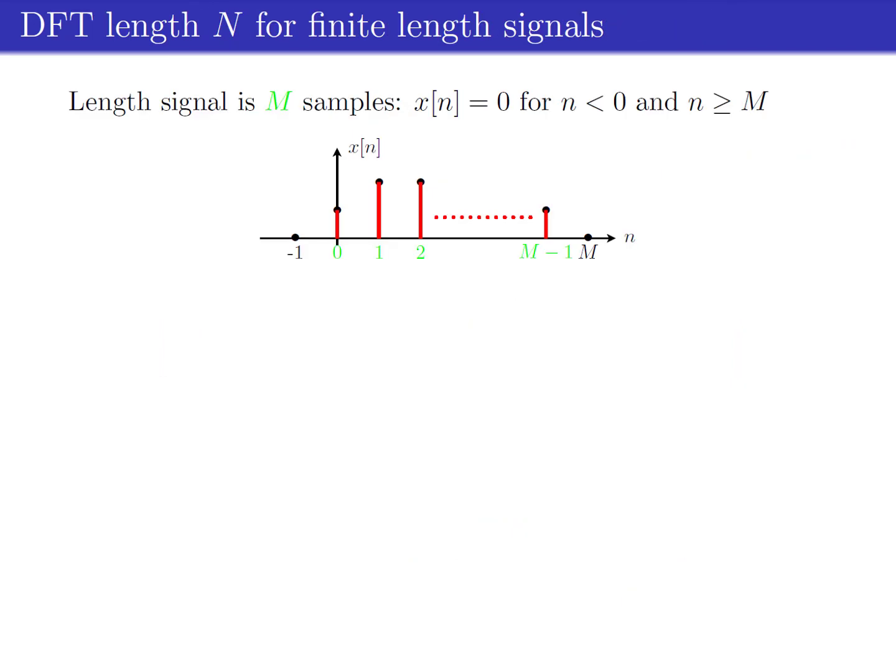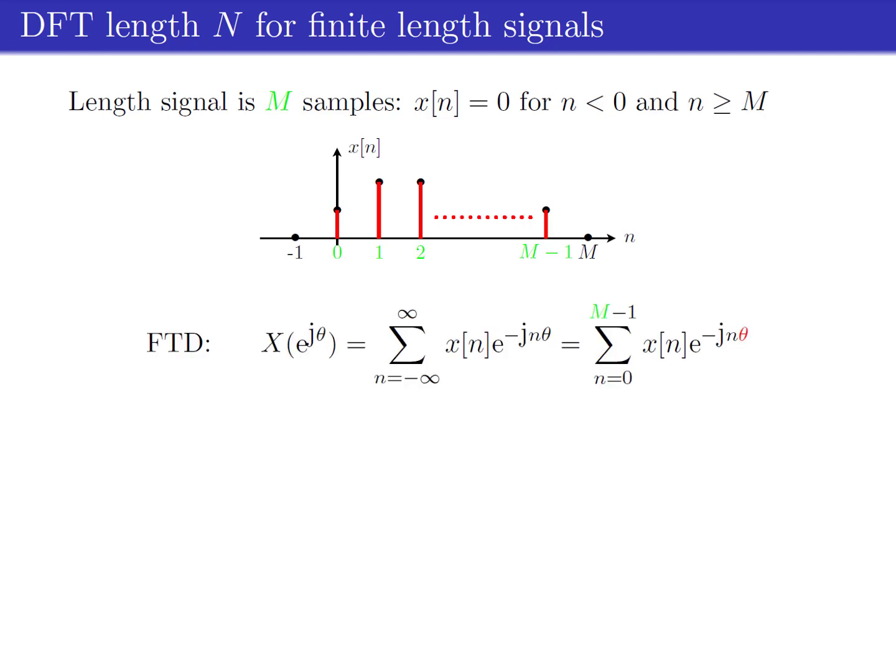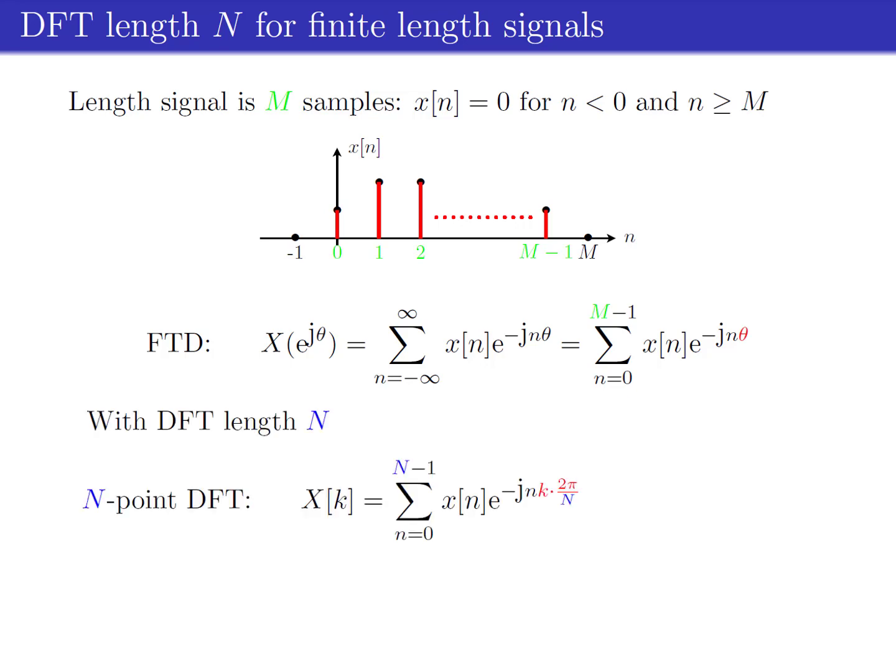In case the number of samples of signal x[n] is limited to M samples, the infinite summation of the DTFT equation reduces to the given finite summation, in which the relative frequency is represented by the continuous variable theta. The N-point DFT summation reduces to a summation over M samples in case the DFT length N is larger or equal than M.